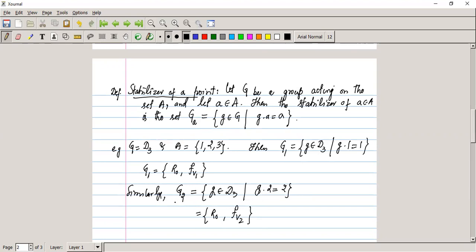So therefore the stabilizer of 2 will be the set {R0, FV2}. Sometimes the stabilizer is also denoted by the stabilizer of a. So here this is the stabilizer of 1 and this is the stabilizer of point 2. And similarly we can also define the stabilizer of 3 from the set A.